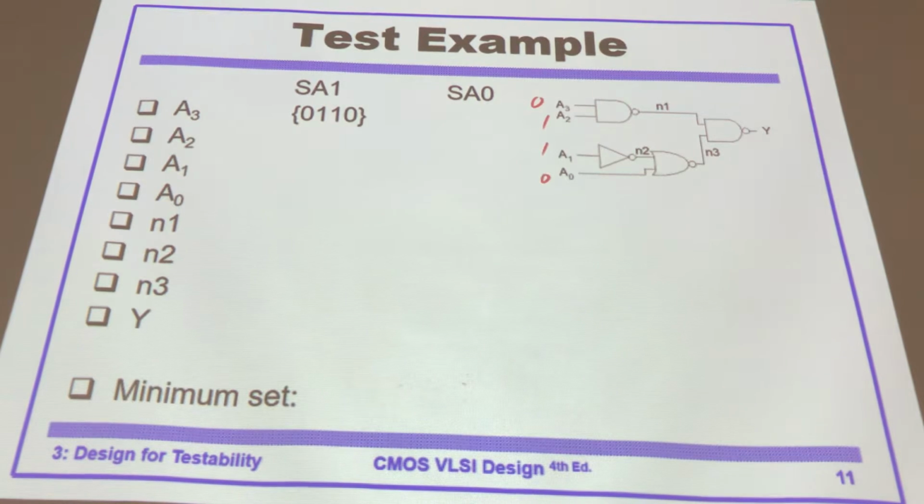Why is that? Because if A3 is stuck at 1, this signal will not give you 0. Instead, it's going to be 1. I mentioned before, VDD and ground are power rails.